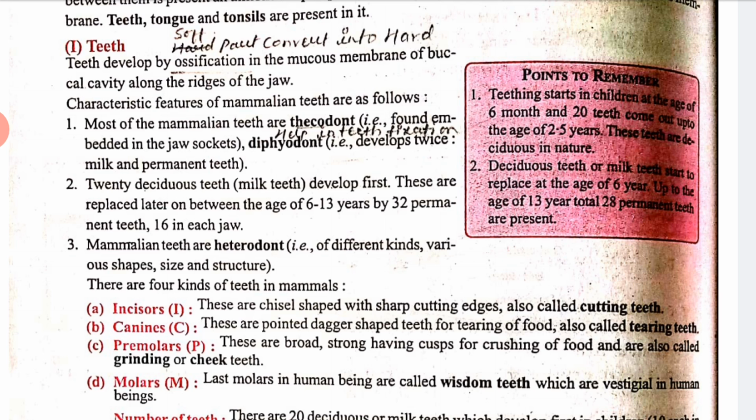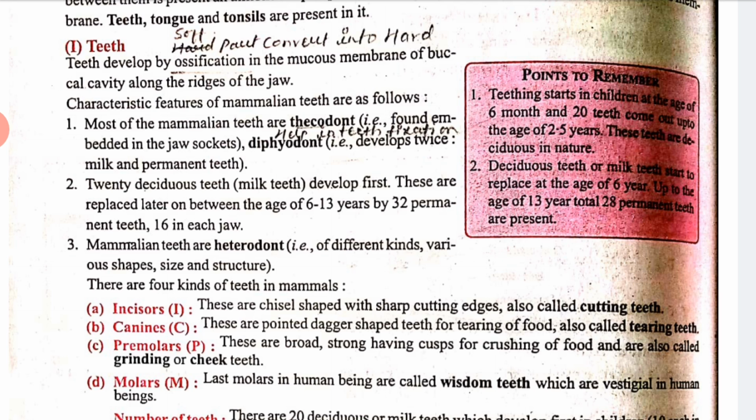These are replaced later, between the age of 6 to 13 years, by 32 permanent teeth, 16 in each jaw. We have two jaws, upper and lower, so 16 in the upper jaw and 16 in the lower jaw.